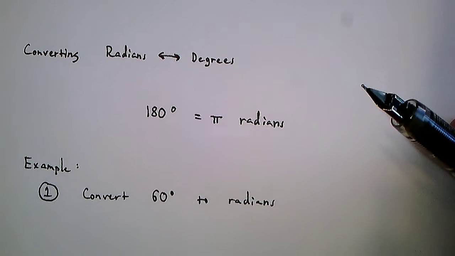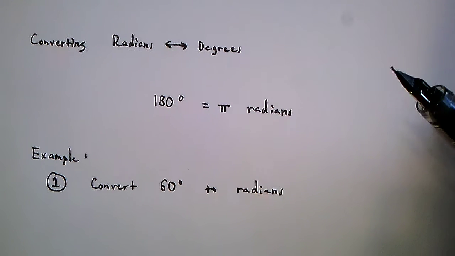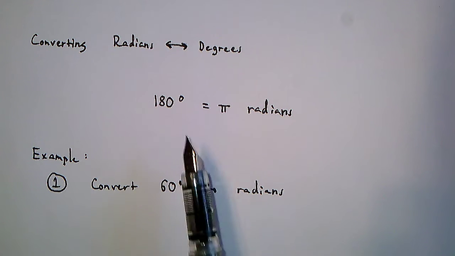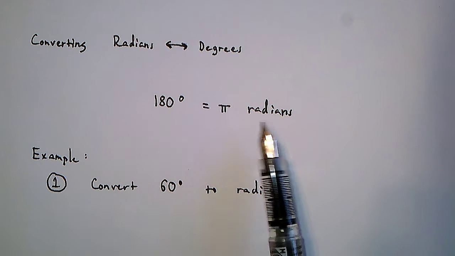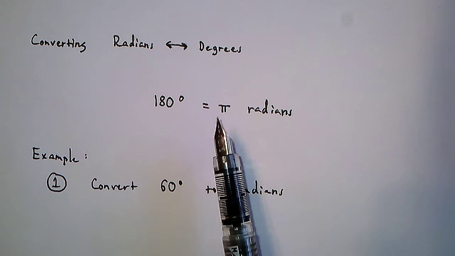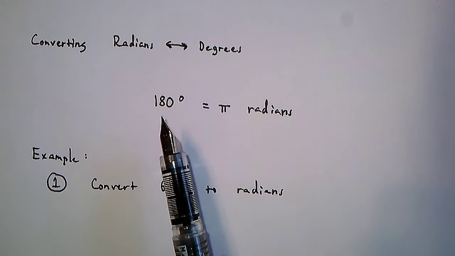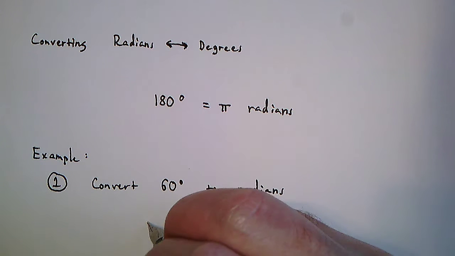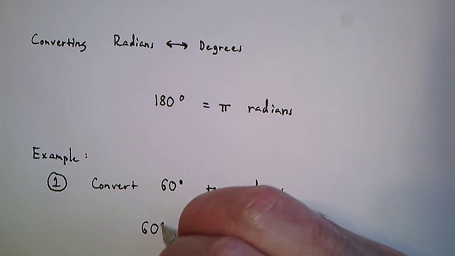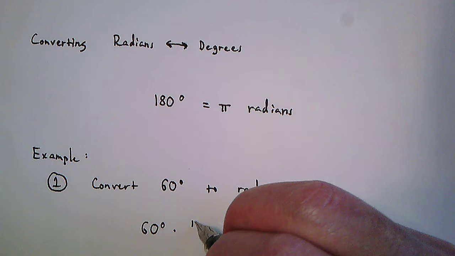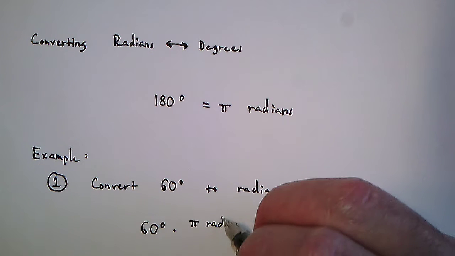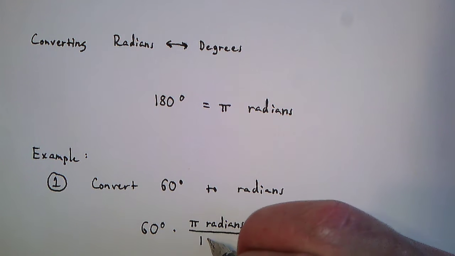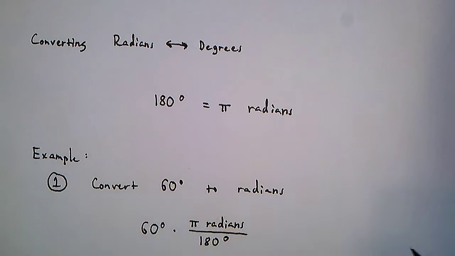Now let's convert some familiar angles. I want to start by converting 60 degrees into radians. And we're going to use this fact because there are pi radians per 180 degrees. So here's what we'll do. We'll take our 60 degrees and multiply by pi radians divided by 180 degrees.